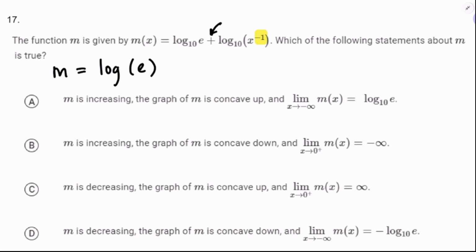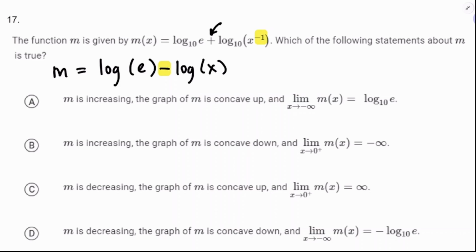So I'm just going to say log of e plus, minus, because I'm going to use that power property, log of x. I think I should probably stay there rather than calling this log base 10 of e divided by x. I don't like thinking about the fraction in there. Okay, well, that's all we can do.